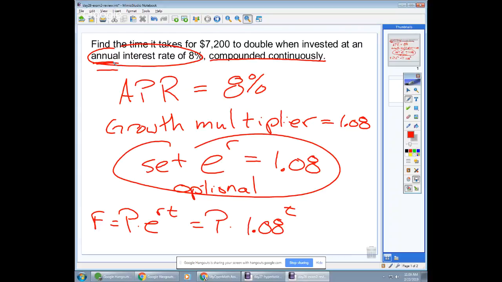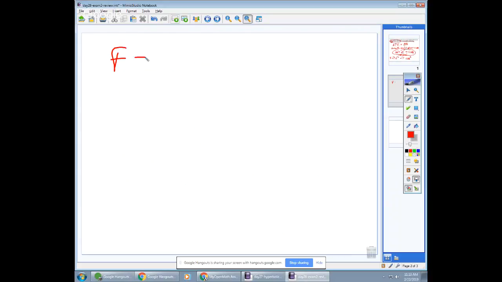Next thing to consider is it really doesn't matter that I'm starting at 72,000. I'll show you why, because they want me to find the doubling time. So, new page. More fully, my formula would be 72,000 times 1.08 to the power t. That is a continuous formula because t is a continuous variable.